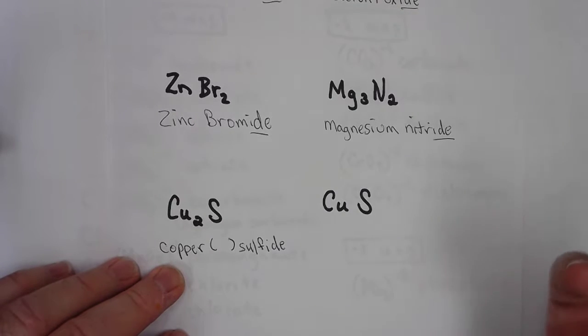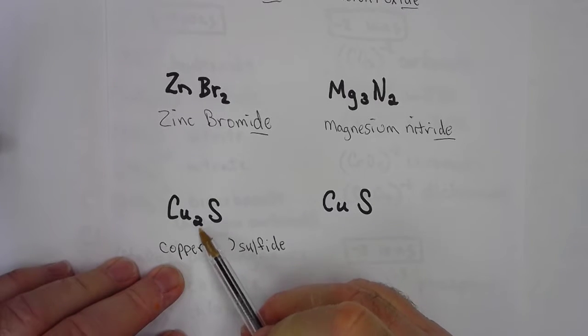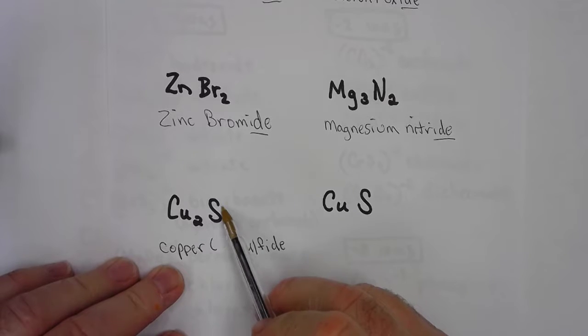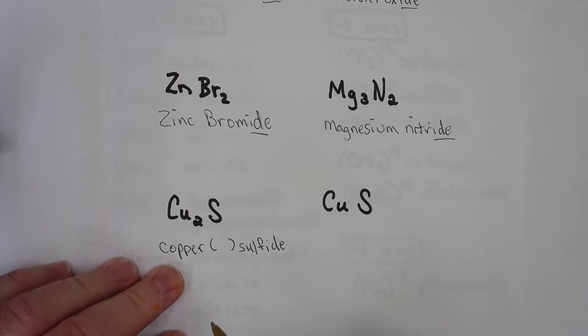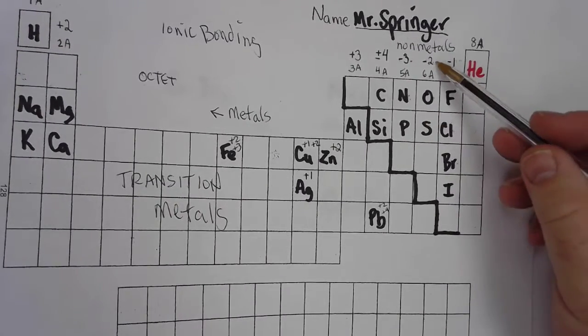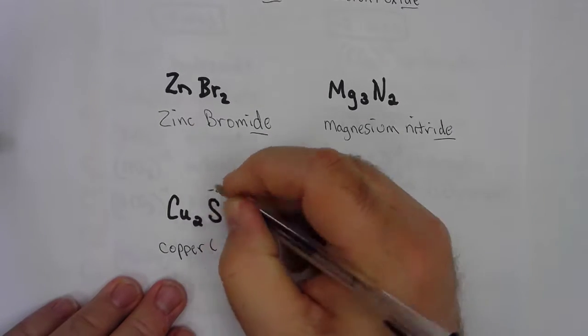Now, how do we figure out whether it's +1 or +2? Don't just see the 2 and automatically put a 2 here, because that subscript is not the charge on the copper. It's closer to the charge on the sulfur than it is on the copper. If you've labeled these, sulfur is in the -2 column, so I'm going to call that a -2.